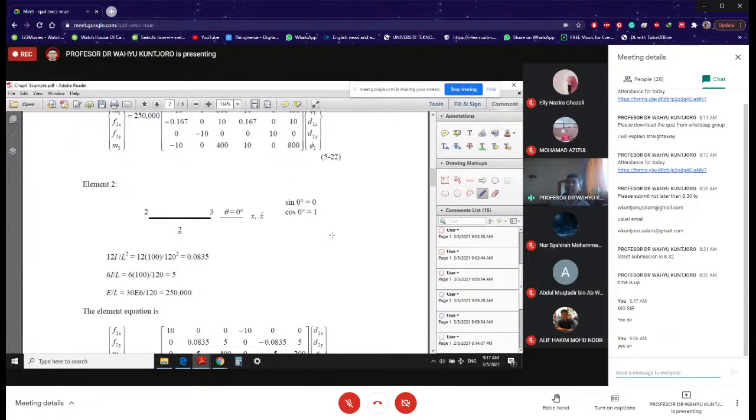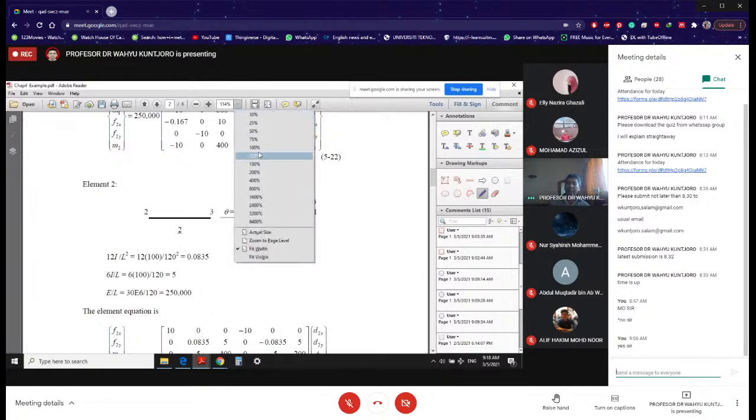But now, what about the X positive local? X positive local, I want it to be from low node to high node, from 2 to 3. Because of that, okay, then X local and X global, they are parallel.